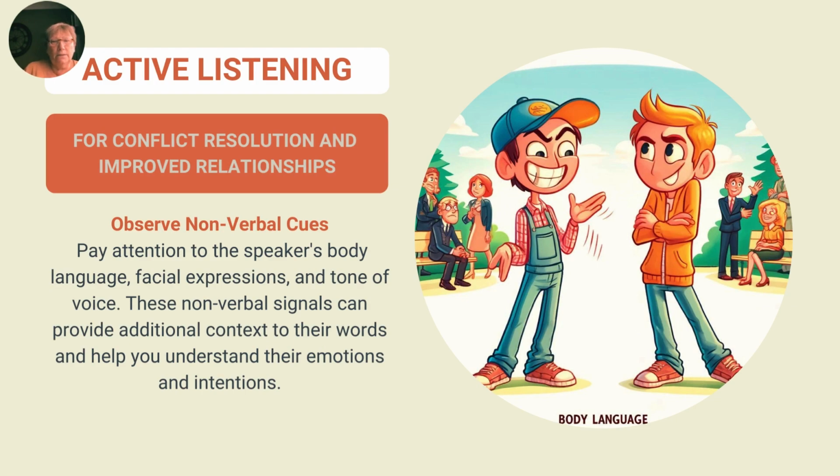And now the next strategy is to observe the body language, the nonverbal cues, of the other person, but also your own body language. So if you really pay attention to the person, you're really watching them when they're speaking and you're trying to hear what they're saying, and you notice there's maybe some aggression in their facial expression or in their body expression or any kind of emotion, you can, and we'll talk about empathy in a second, but you can empathize with that.